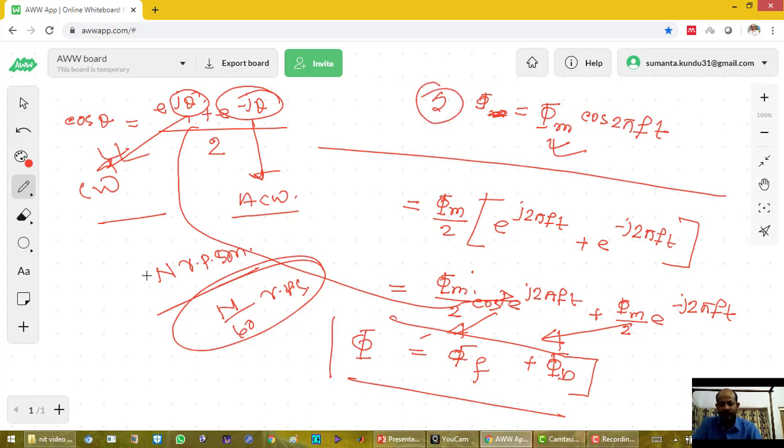Now what is my backward slip with respect to the rotor which is rotating at a speed of n rpm? Now, we know the rotor speed n equals ns into 1 minus s.